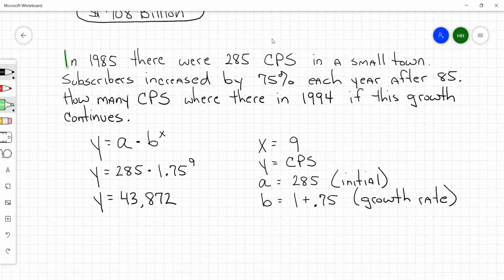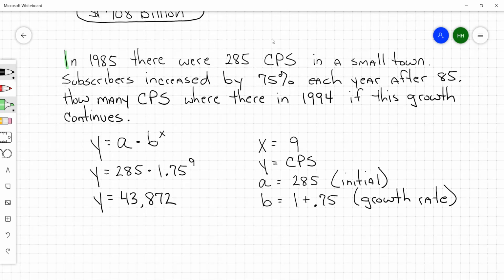Gives you an idea of what a growth rate of 75% will do to an initial amount of 285 subscribers. Could you imagine growing your business in 9 years from 285 clients to 43,872? Can you even imagine that?